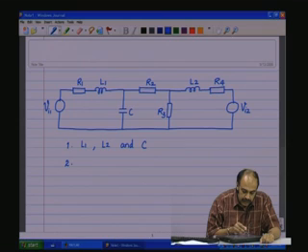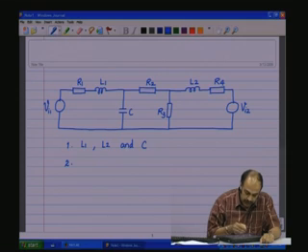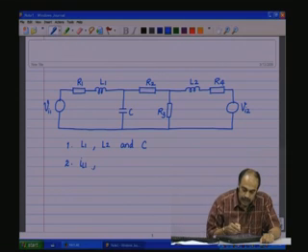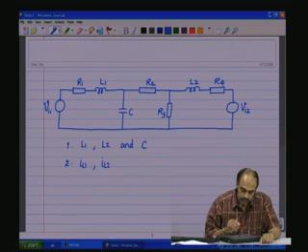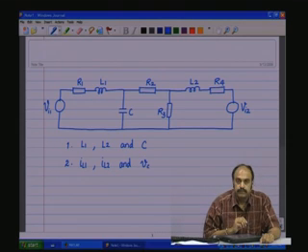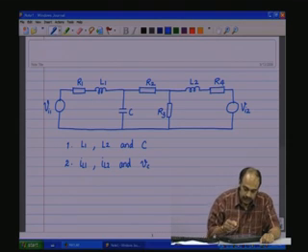So, coming to L1, it is the current through L1, which let us name IL1, and then the current through L2, let us name it IL2, and then the voltage across C, we will name it VC, voltage across C.